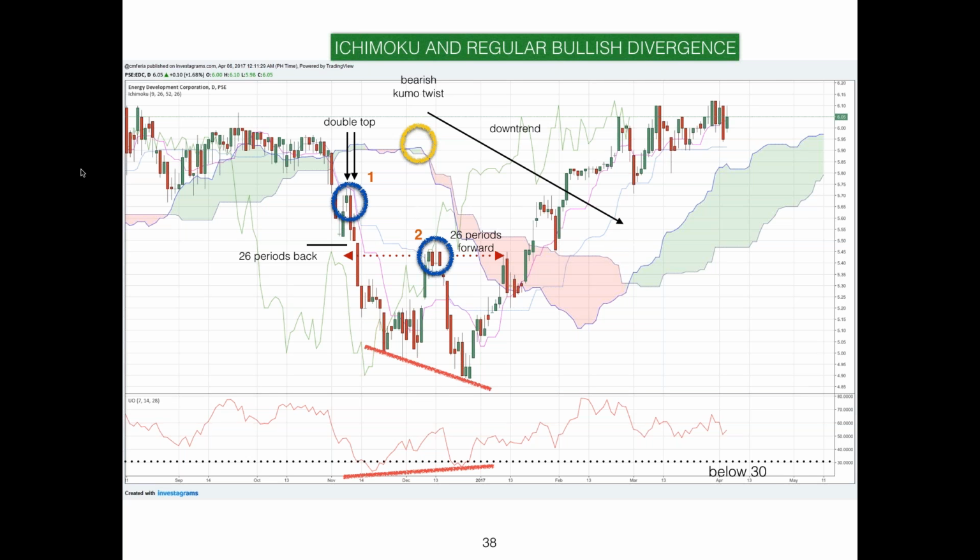So the ultimate oscillator has to be below 30 to ensure oversold conditions. Third, the oscillator rises above the previous low. Now this is the high of the bullish divergence. It should be higher than the previous low, and the ultimate oscillator must make higher lows.